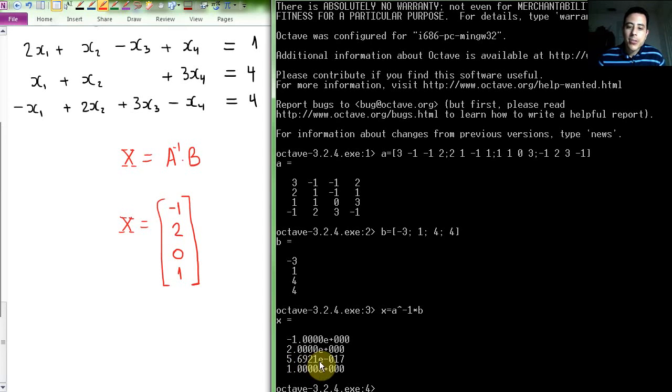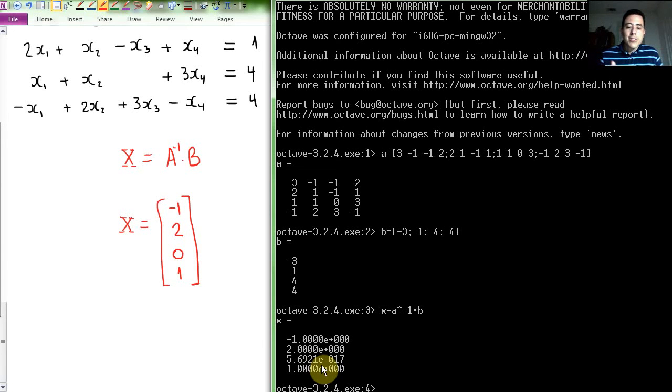This number here is so small that I'm almost sure that the solution is 0, okay, because it's 5.6 times 10 to the negative 17. That's the reason Octave writes it like that. It's probably because of rounding errors. The procedure that Octave uses might be Gaussian elimination.